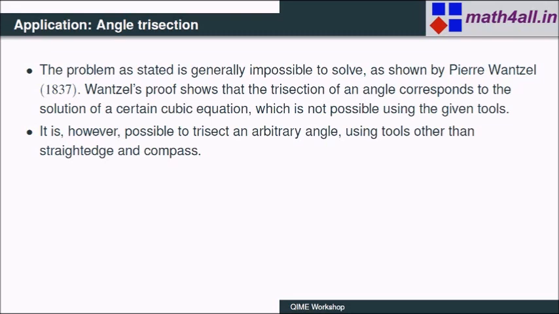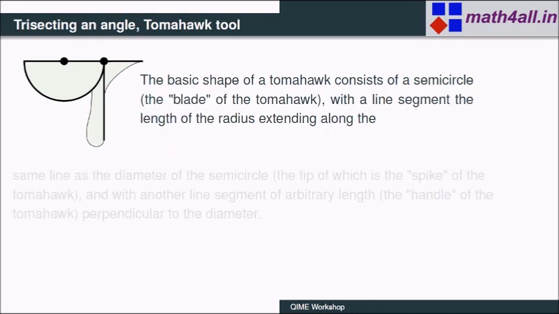And there is a tool which was used long back. I don't think it exists now. It is called a tomahawk. This is a semicircle part of it, and there is a blade attached to it. This is a blade that is a semicircle, and there is a handle.